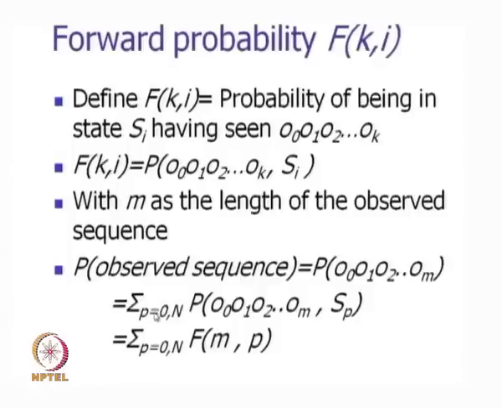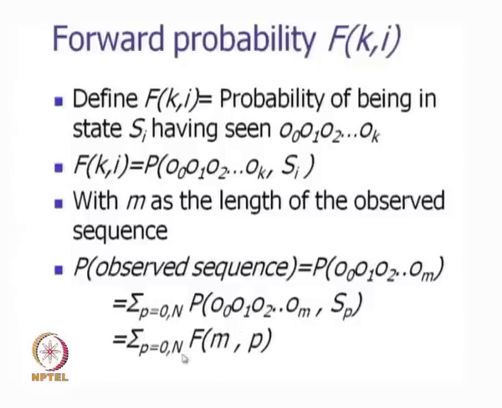So, if we sum the forward probabilities of the observation sequence and the state the machine is in after the observation sequence, then we will get the probability of the whole sequence. So, this is simply applying the law of probability, the marginalization law, and so we find that the probability of the observation sequence is equal to sigma p going from 0 to n f m p.